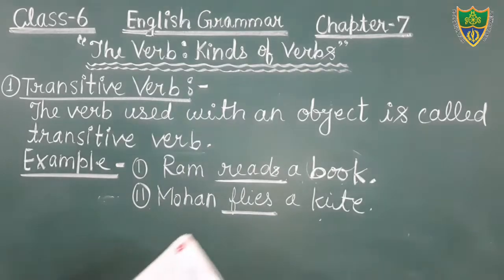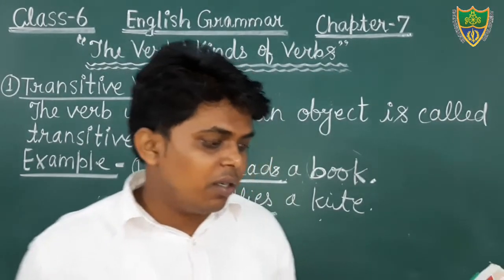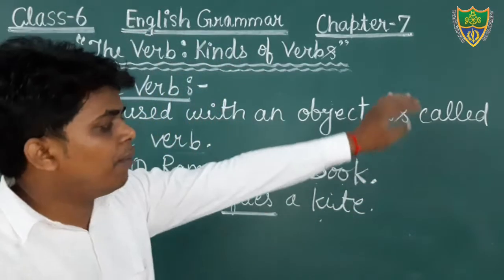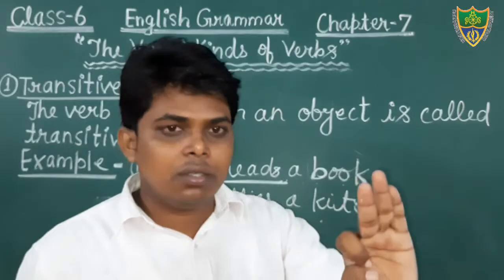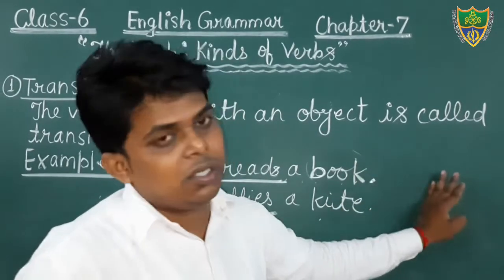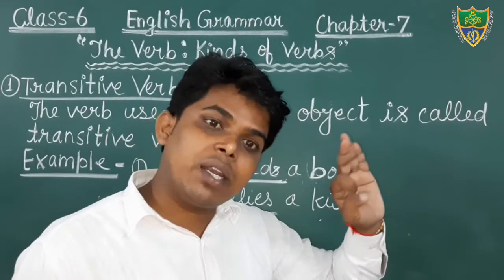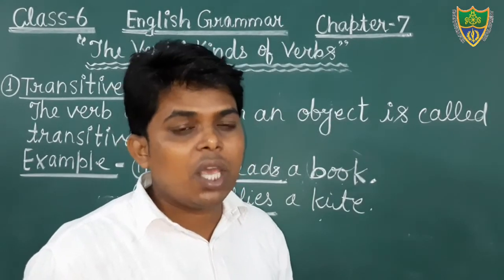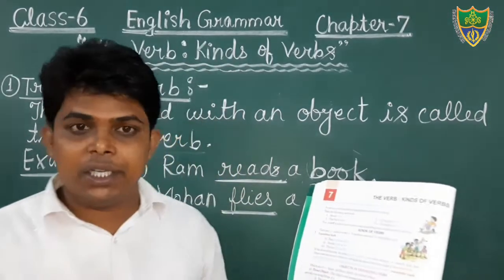Dear students, in your book it is also given object in transitive verb. And it is written here direct object and indirect object. But I have told you in a very few lines that by using the question what, if we are getting an object, then that would be the transitive verb. It is already written in your book, you will read it.